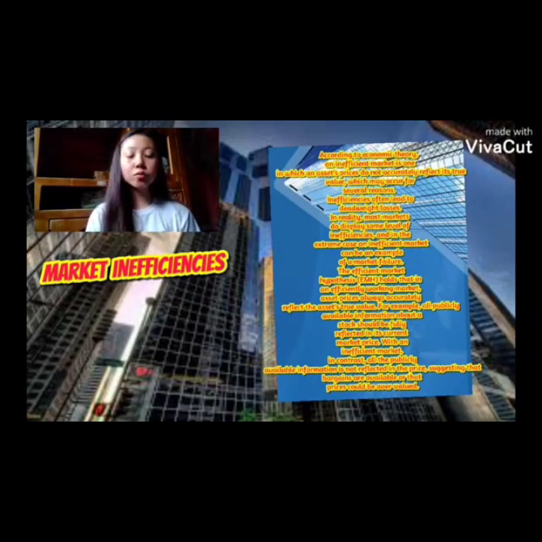For example, all publicly available information about a stock should be fully reflected in its current market price. With an inefficient market, in contrast, all the publicly available information is not reflected in the price, suggesting that bargains are available or that prices could be overvalued.